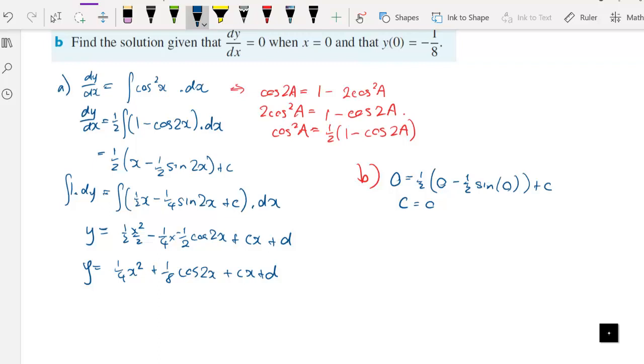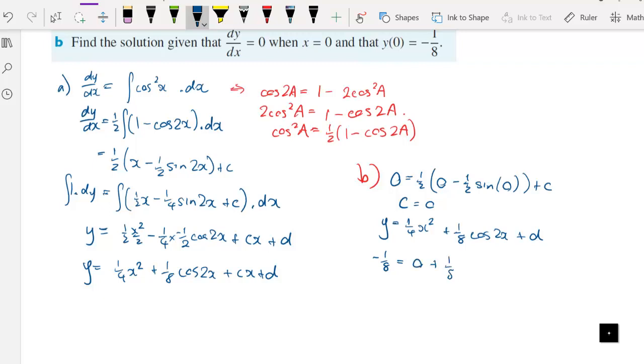And if we carry that down, we now know that y is equal to 1/4 x squared plus 1/8 cos 2x plus d, because c is 0. Now when x is 0, y is negative 1 on 8. So we've got negative 1 on 8 here. x is 0, so the first term is 0.